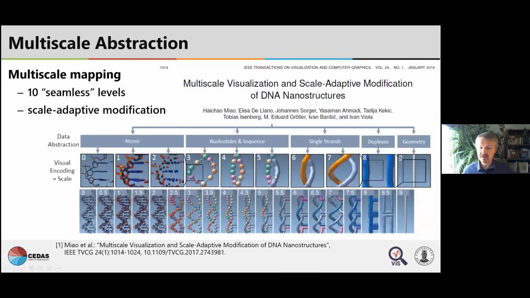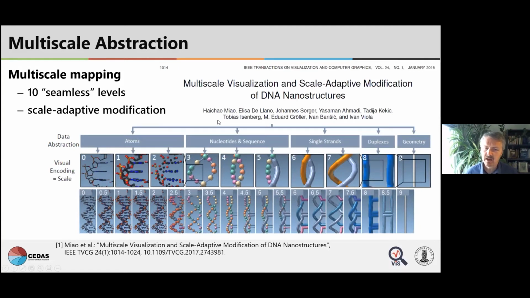Another question is, of course, the geometric representation. Maybe it's usually one question that even gets asked before the color mapping. And here it also boils down to the question, what do we actually want to look at or maybe interact with?